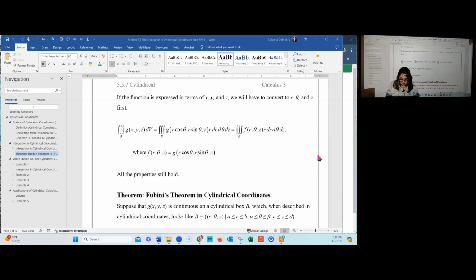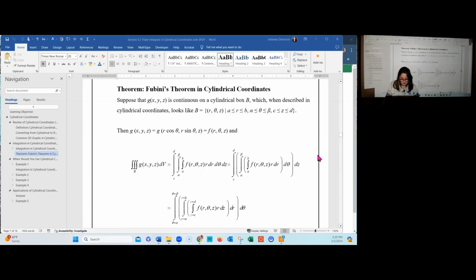Let's look at how to convert it into an iterated integral, into something we can actually calculate. The triple integral has the differential dV, and it goes over, in this case, a cylindrical box in 3 dimensions. Our function is a function of 3 independent variables, so it's in 4 dimensions, with w equal to some function of r, theta, and z.